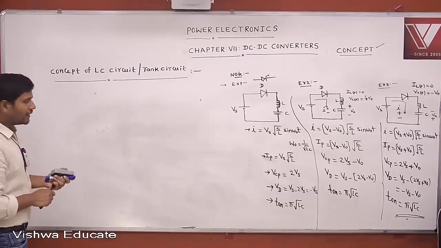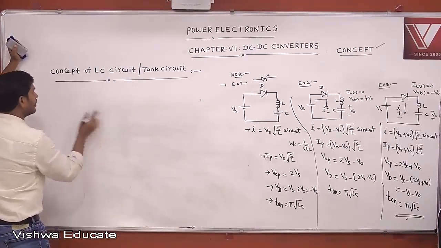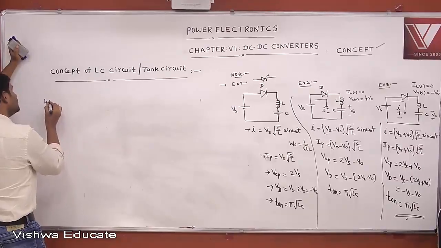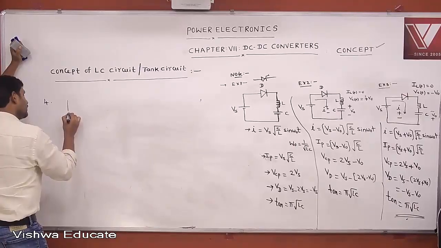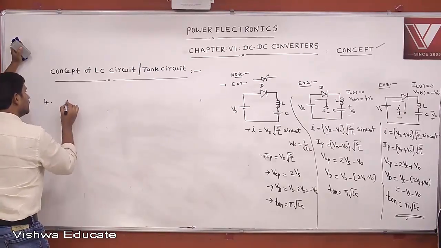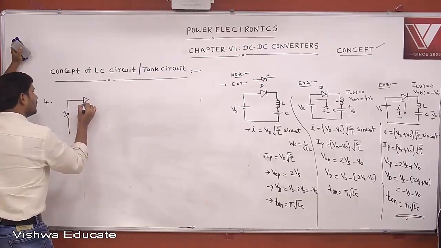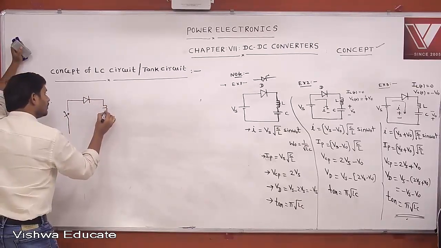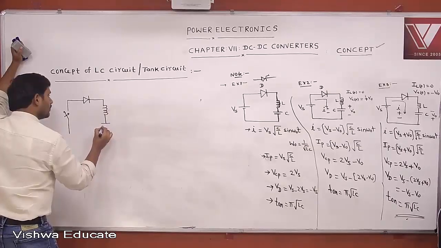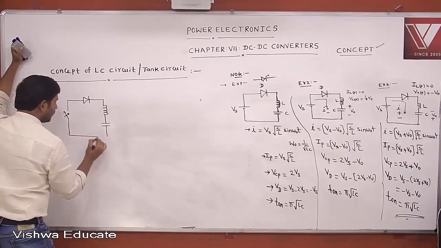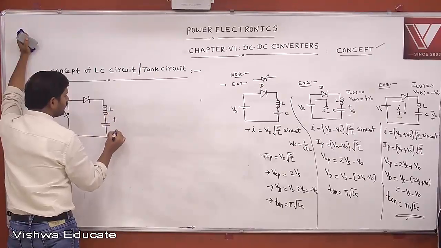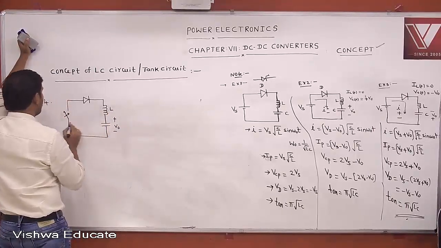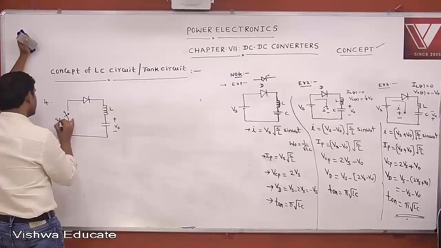At the starting I gave it. If a source free LC circuit is given like this, it is a source free LC circuit. This is plus minus V0. This is the switch.